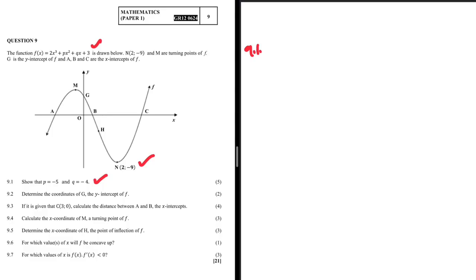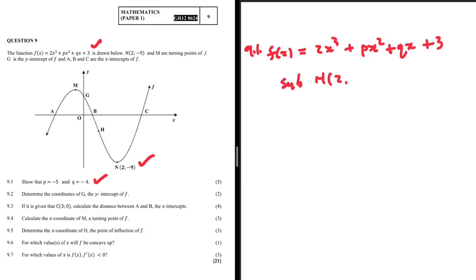9.1. We have the equation f of x, which is equal to 2x to the power 3 plus px squared plus qx plus 3. We're supposed to find the values of p and q. So we're given the coordinates of n. So the most obvious thing we can do at this point is to substitute n into f of x.